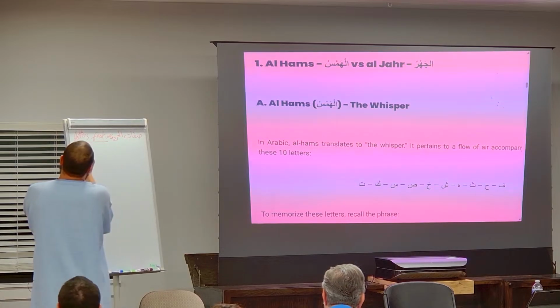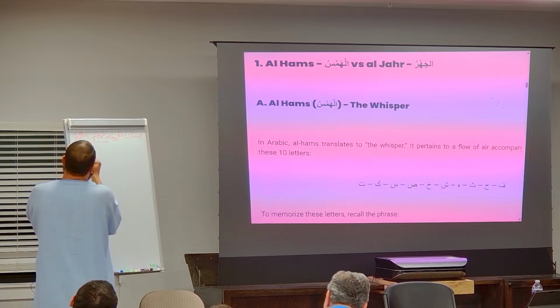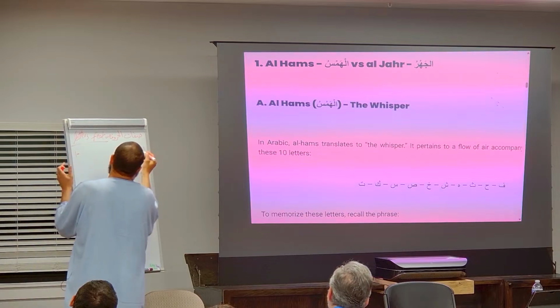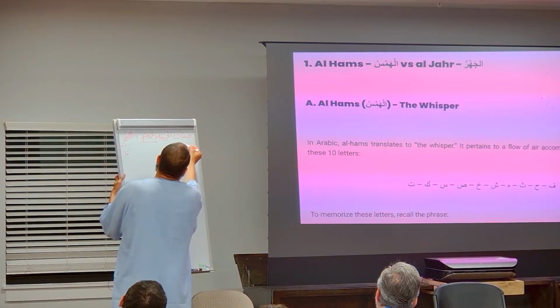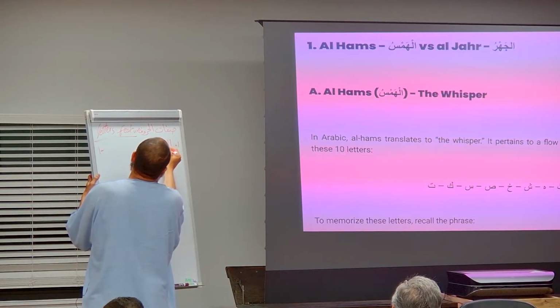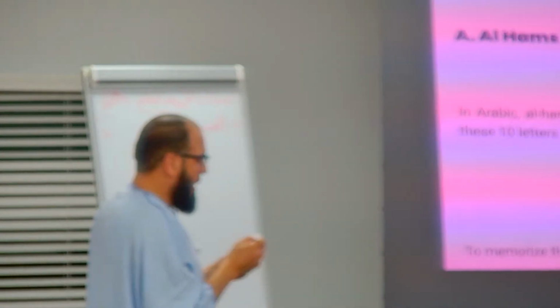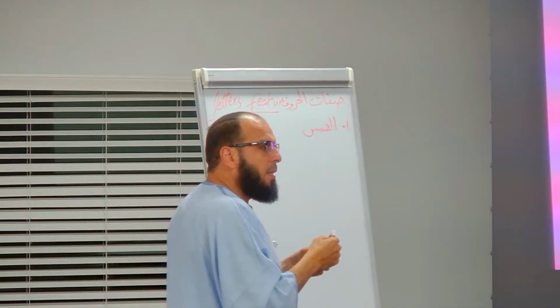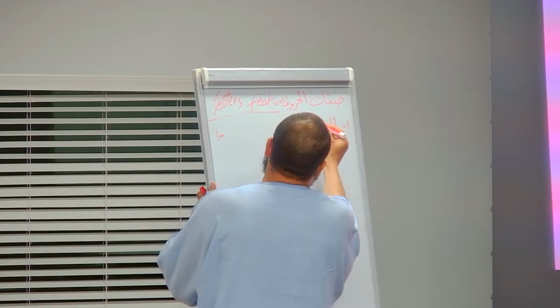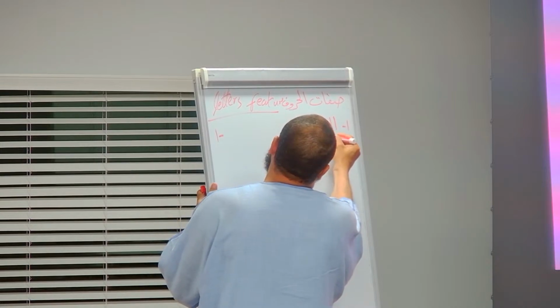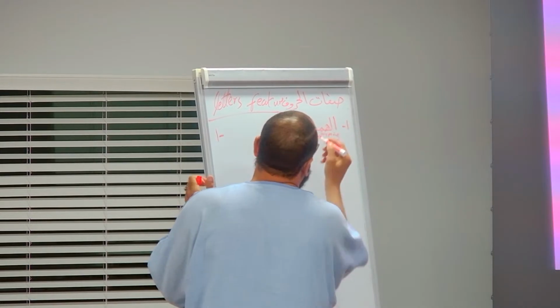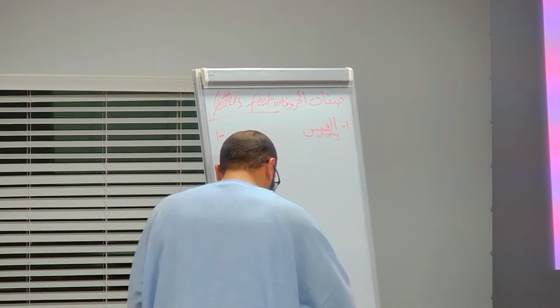So number 1 is, خلينا نبدأ من هنا اليمين, Al-hams. What is hams? Whispering. What is whispering? Letters that come with air. So, whispering. Got that? What are the letters that give me huruful hams?